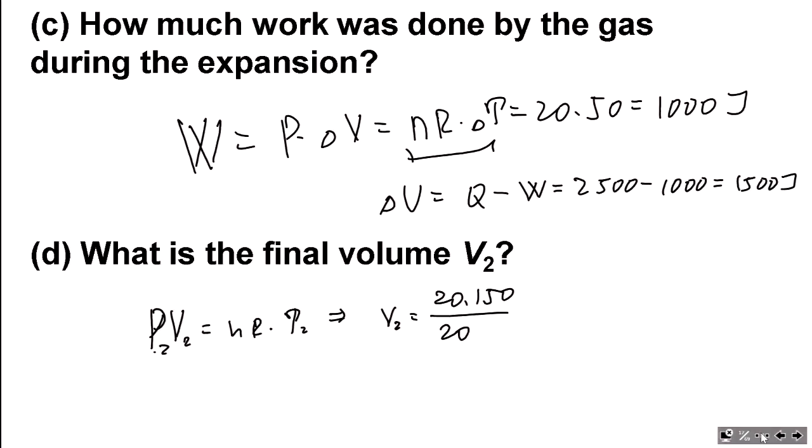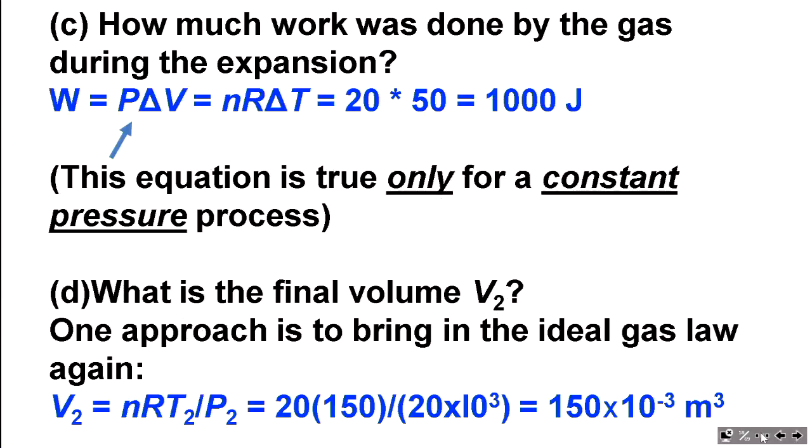And when I write it like this, with kilopascals, the answer is automatically in liters. Done. This calculation gives meters cubed, which is the same number with a different unit.